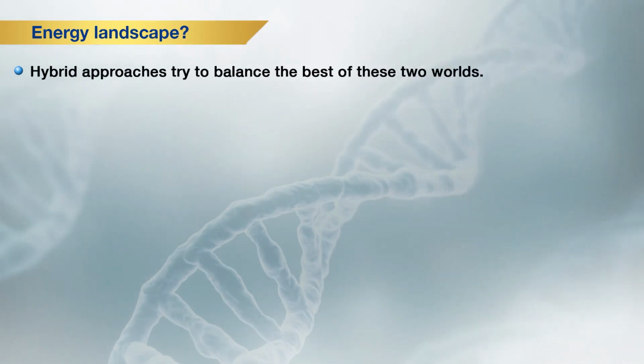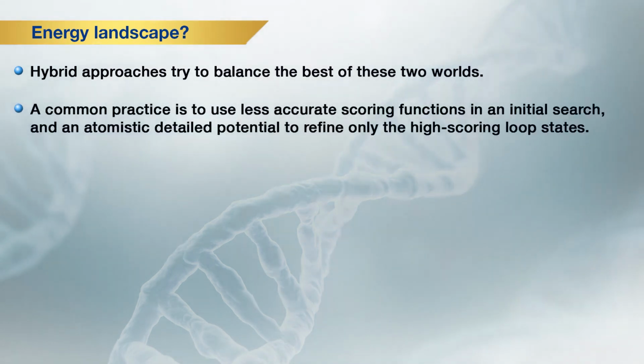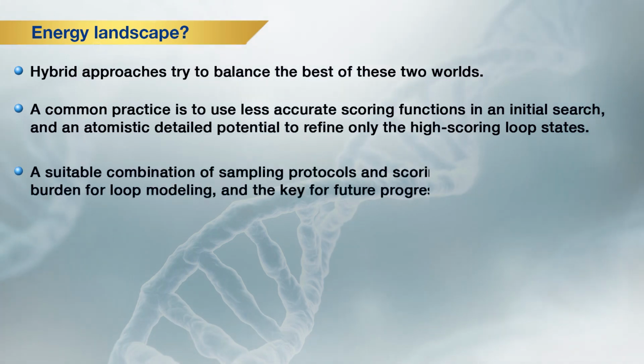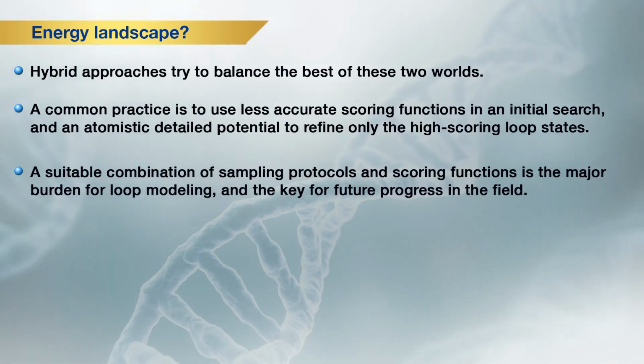Hybrid approaches try to balance the best of these two worlds. A common practice is to use a less accurate scoring function in an initial search and an atomistic detailed potential to refine only the high-scoring loop states. Hence, a suitable combination of sampling protocols and scoring functions is the major burden for loop modeling, and the key features for further progress in the field are reported.